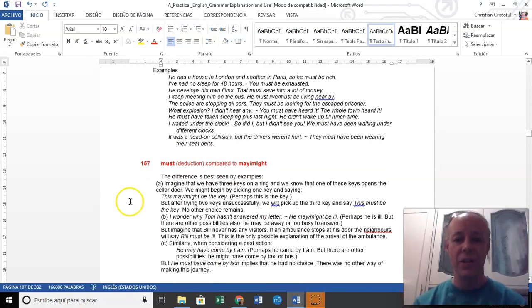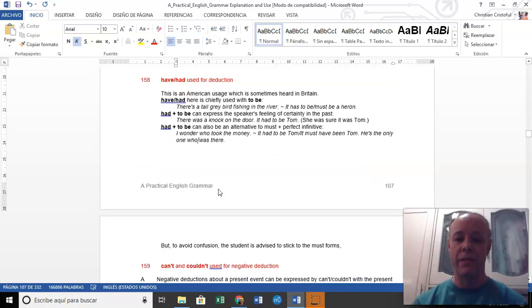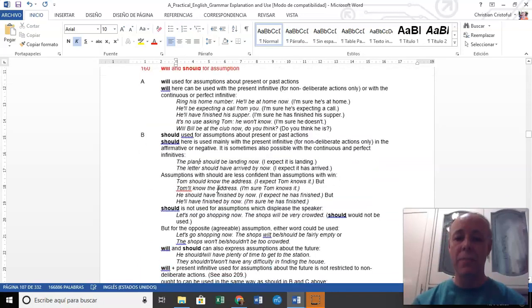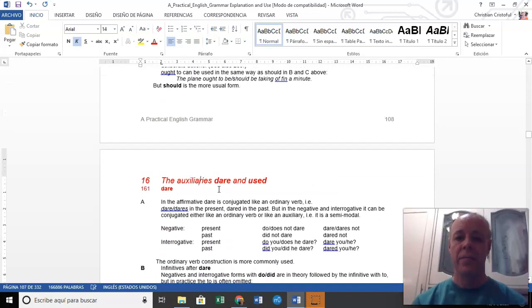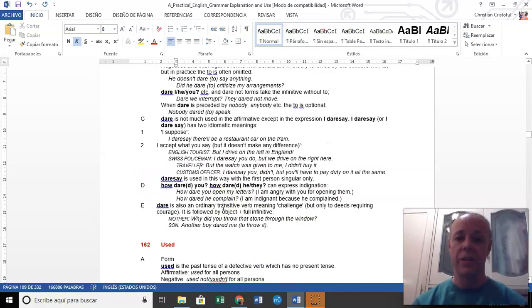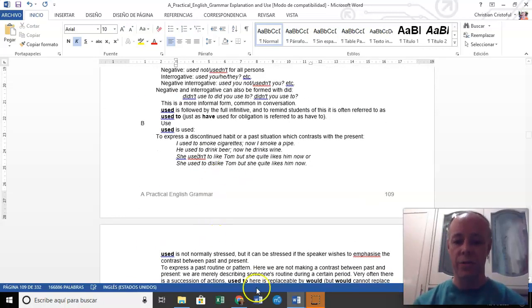Must for deduction compared to may and might, for example, number 157. So you have subtopics there. And then in number 16, you have the auxiliaries there and used. And you have the explanation for there and the explanation for used.